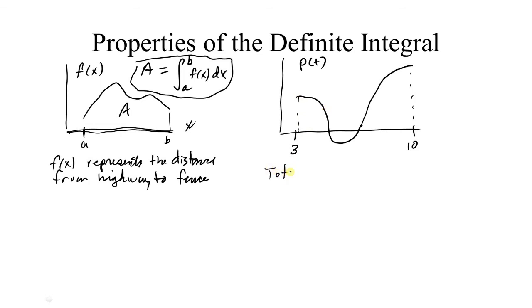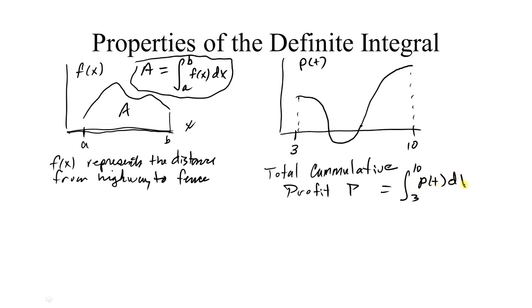The total cumulative profit P would be the integral from 3 to 10 of P of t dt. Notice the variable doesn't have to be x, it can be t. And we'll be taking antiderivatives of functions of t, functions of x, and so forth and so on.